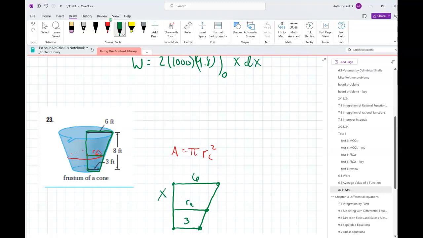I'm going to call this distance x, the distance the water is going to have to get pumped up, because remember RC is the radius of the water at the pumping height, right? So if the whole thing is 8, this section down here should be 8 minus x, because I know the whole thing is 8, right?